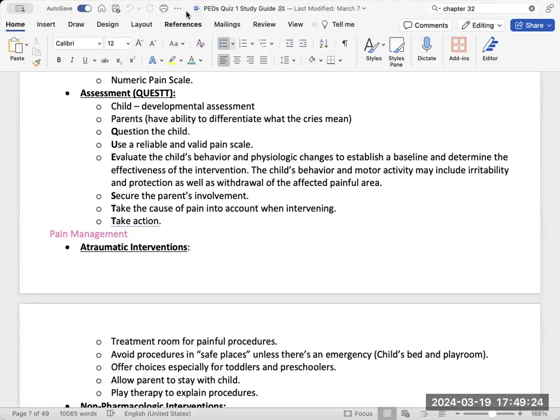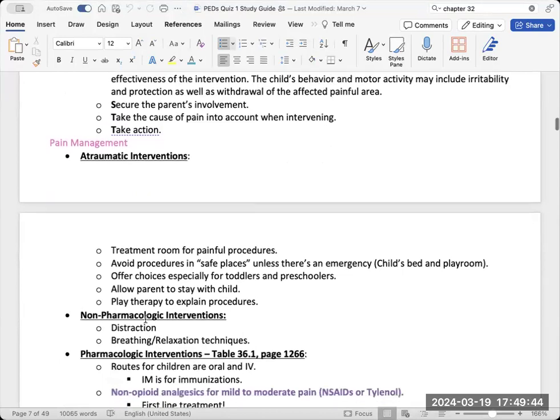We could do S, which is secure the parents' involvement. We always need the parents involved. T is to take the cause of pain into account when intervening, like what is causing the pain. And also we want to take action to resolve the pain. So that's a little QUEST mnemonic.